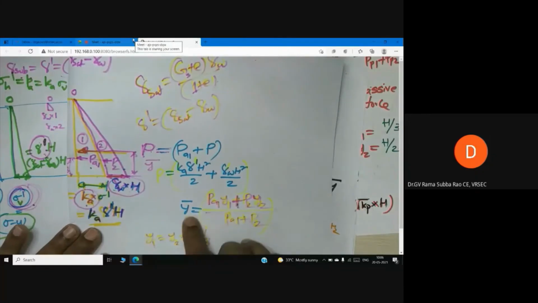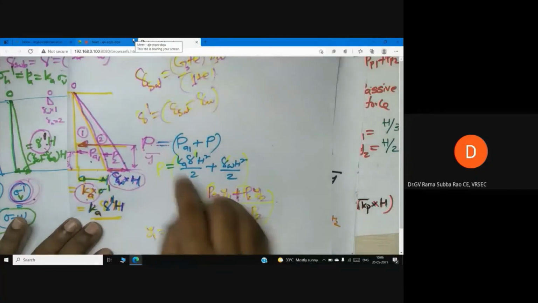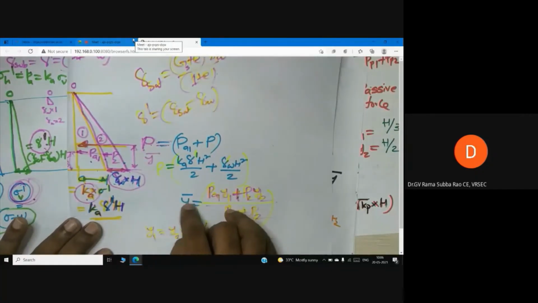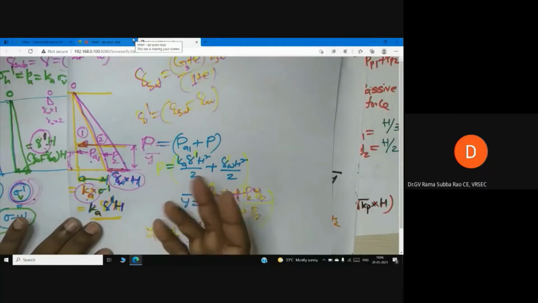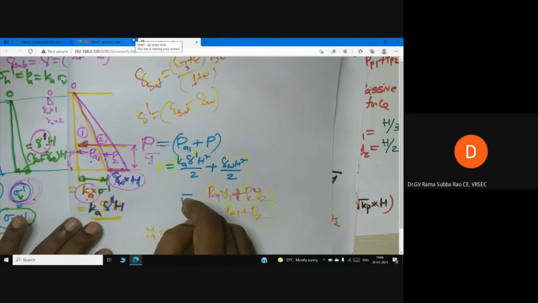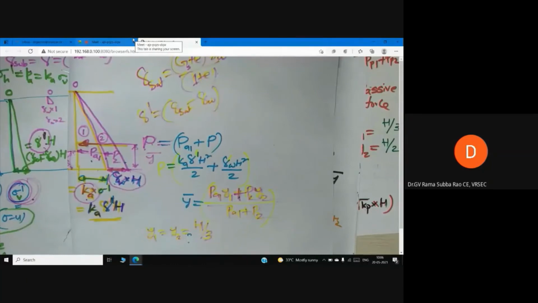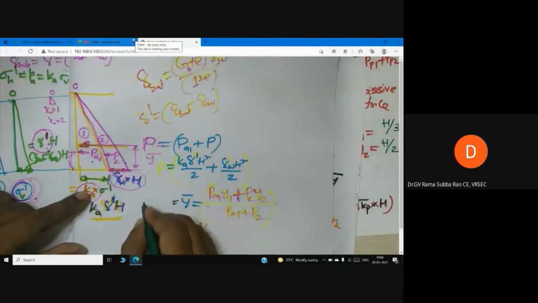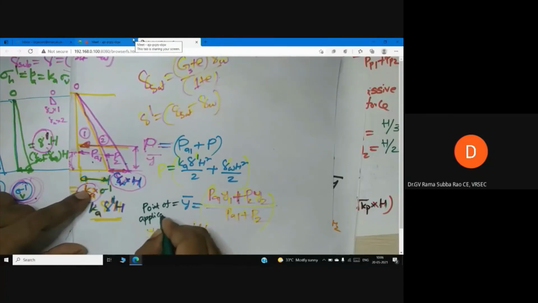So now how to calculate y bar? Many times I'm telling y bar. Y bar means the point of application of resultant from base of the bar. I prefer to write it.